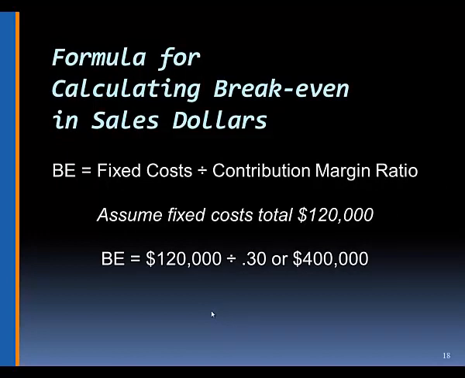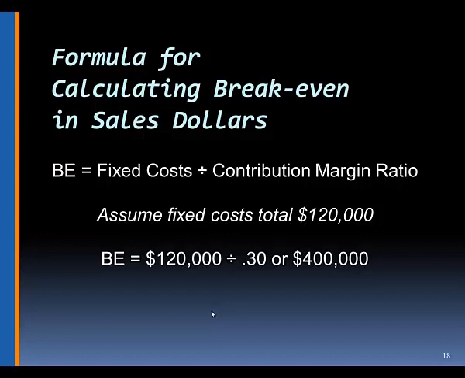Now let's calculate the break-even in sales dollars. Quite often, we will not have the break-even in units or the contribution margin per unit. So we can calculate the break-even by using the ratio. Divide 120,000 by 30%, you get $400,000.